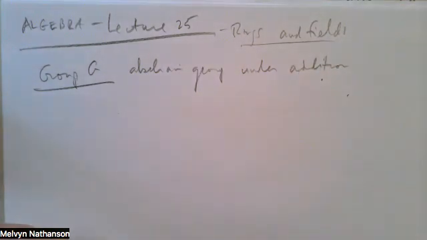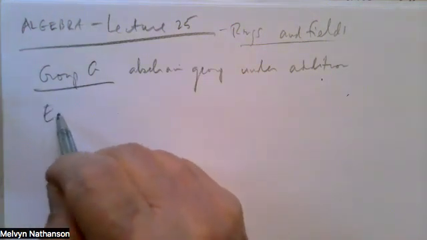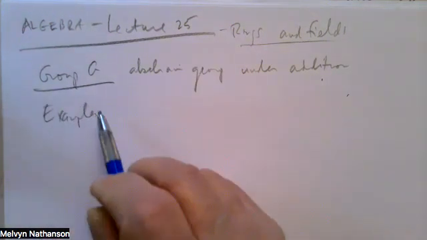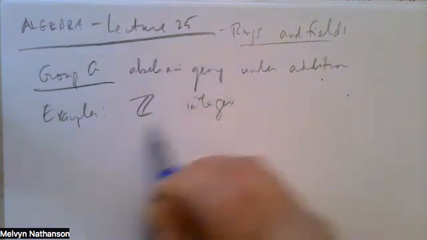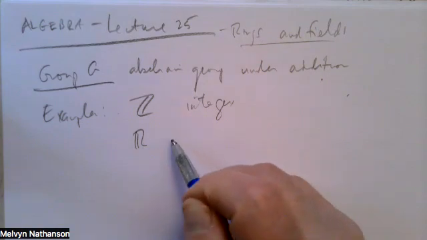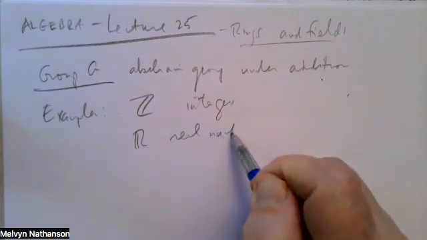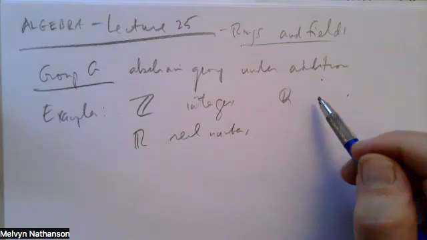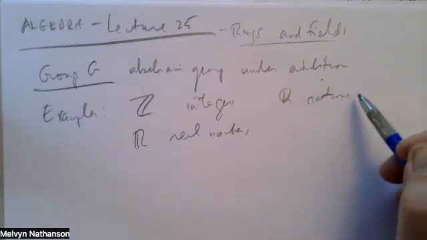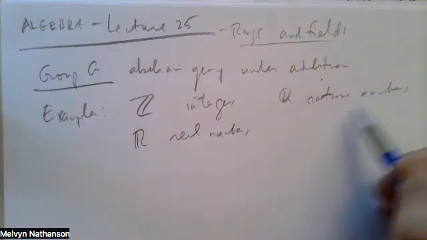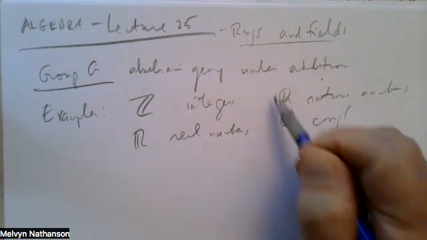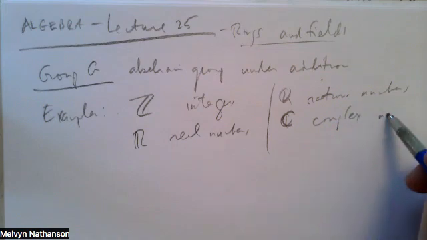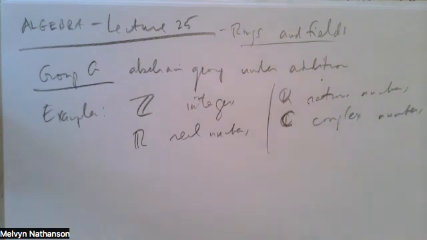And we've seen many examples of this. The integers, or the real numbers, or the rational numbers, or the complex numbers. So these are all additive abelian groups.